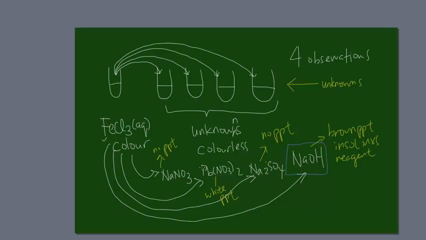I can also positively identify PbNO3 as one of the unknowns, because if I add FeCl3 to an unknown and it gives a white PPT, this white PPT is a unique reaction, right? Okay, so we have positively identified NaOH and also PbNO3 already. Now that leaves us with 2 solutions which are a bit trickier to handle, which are the NaNO3 and Na2SO4.